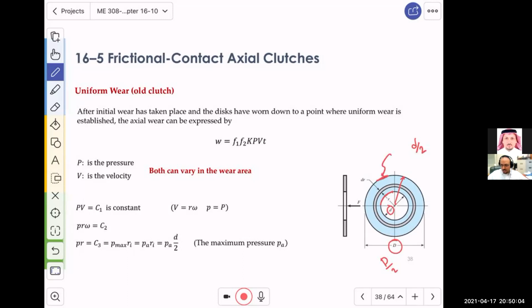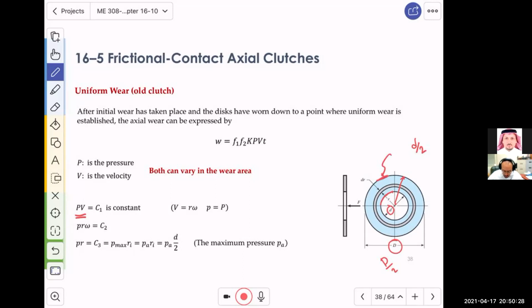And in order to maintain that PV is constant, the multiplication is constant, not P, not V. Their multiplication is constant. So one of them will go up, and then the other will go down, and vice versa. Is that right?